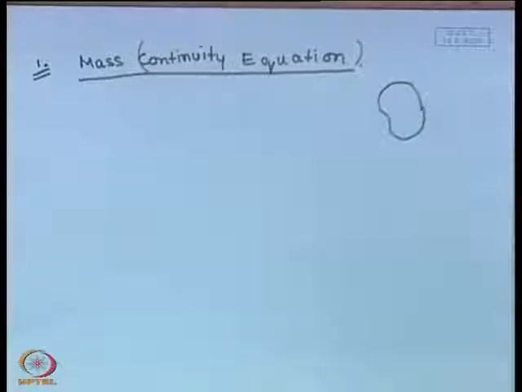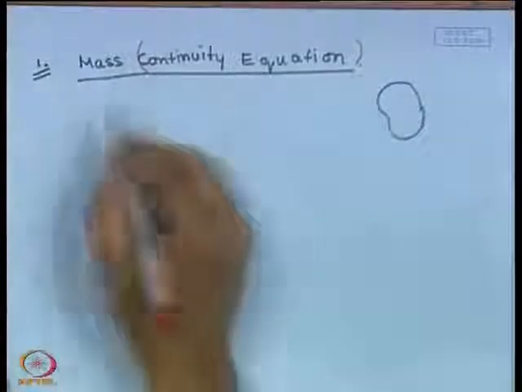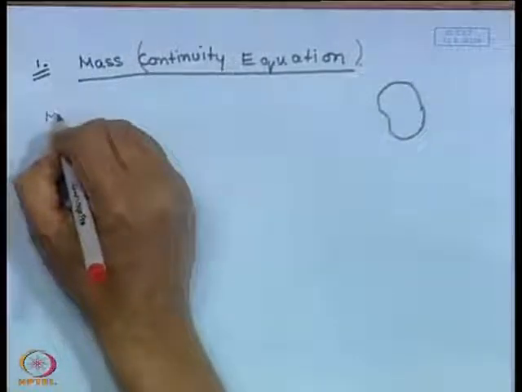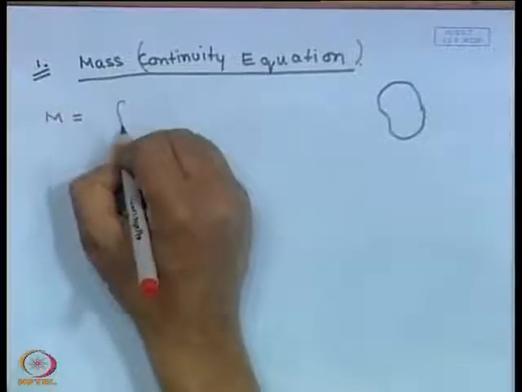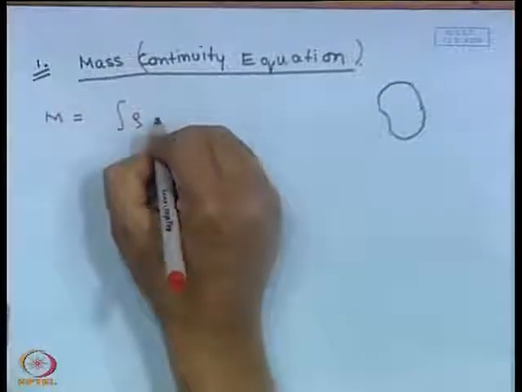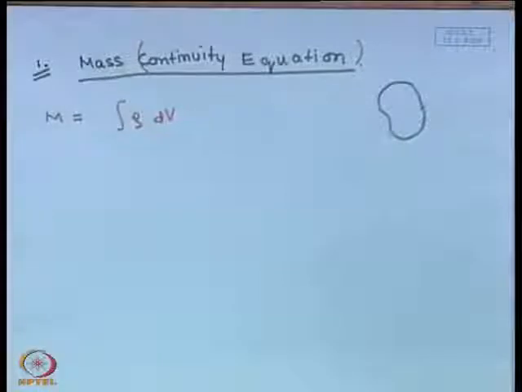Now, that is straightforward to calculate. The mass in this volume m is the integral of the density over the volume, right. This will give me the mass.